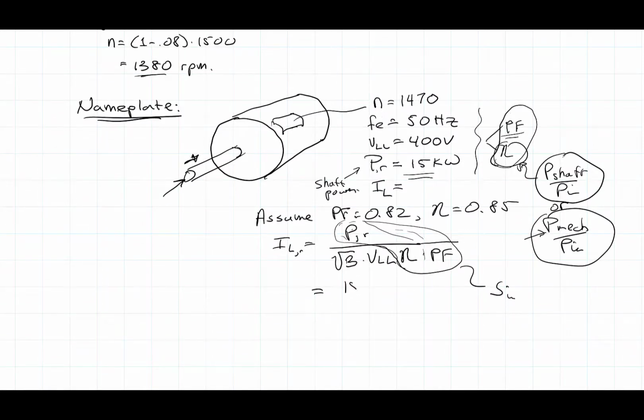So that's 15e3, divided by root 3, divided by 400, divided by 0.82, divided by 0.85.